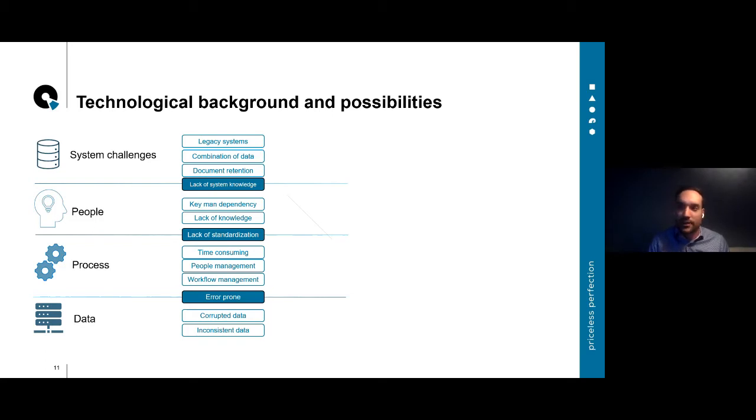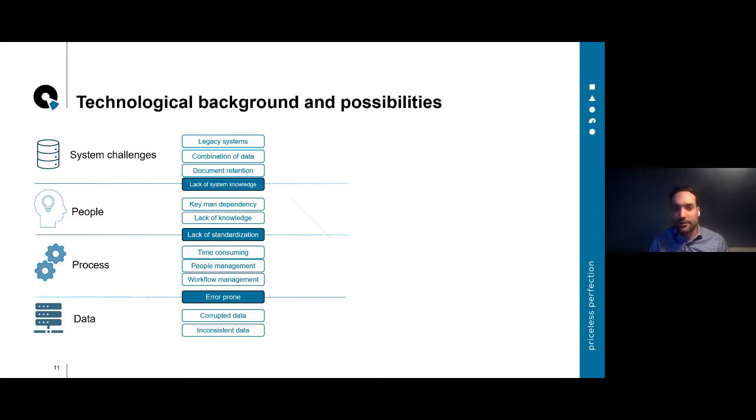What we see a lot is that the systems that are being used by companies are older. They have been around for a long time and are not easily replaced. Also, a lot of the times the data has to come from multiple systems, and then it has to be combined in some sort of way to get the desired data.